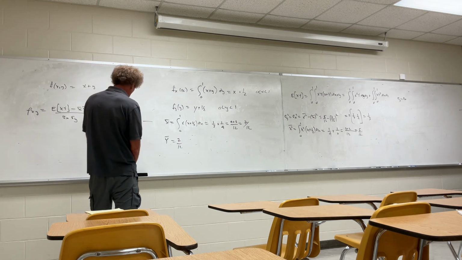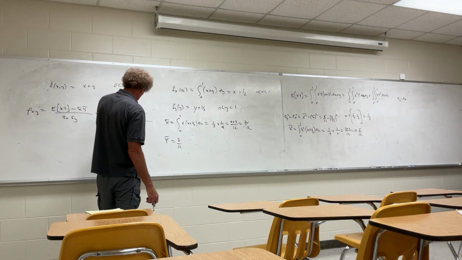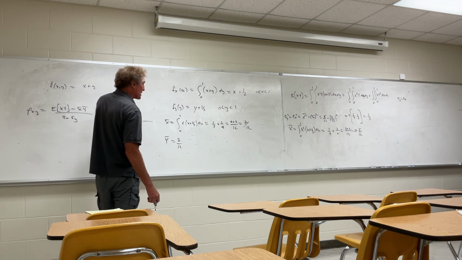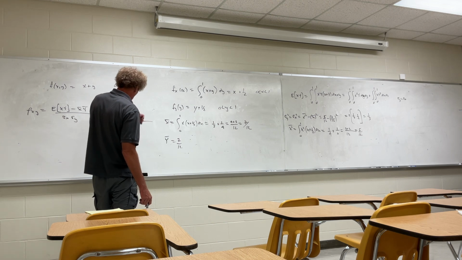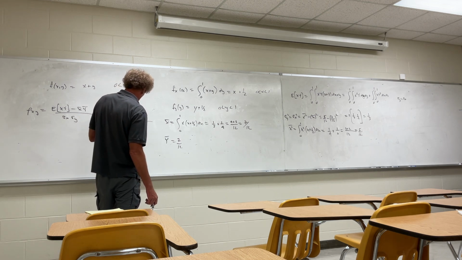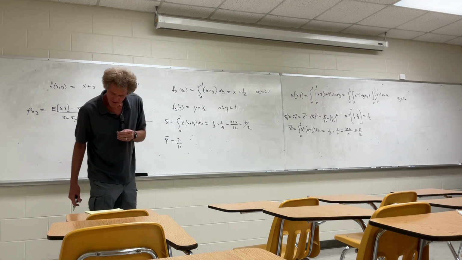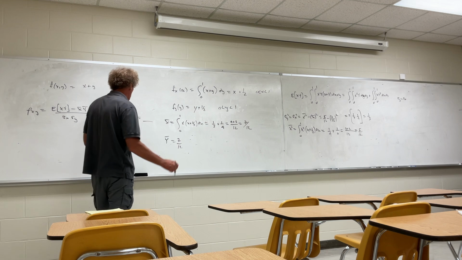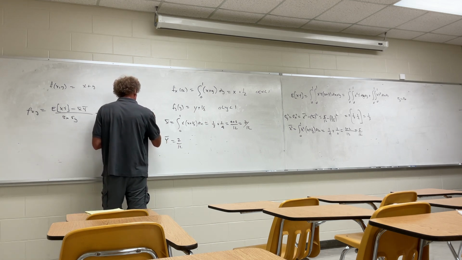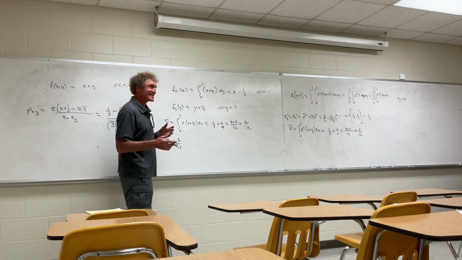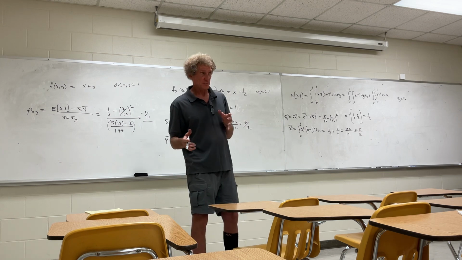Isn't this, all right, so if I'm 60, isn't that minus 1/11? Yeah. That was a variance, I think. Minus 1/11. All right, now that's a negative correlation coefficient, right?